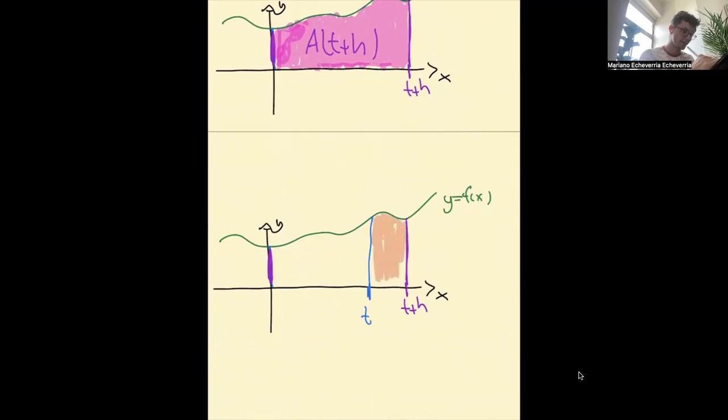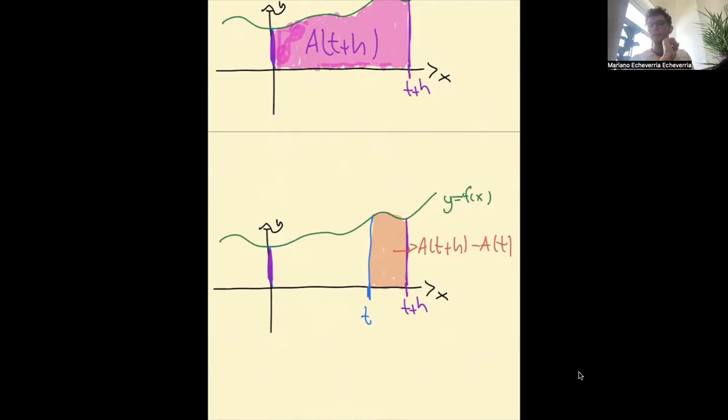And this corresponds exactly to A of t plus h minus A of t.